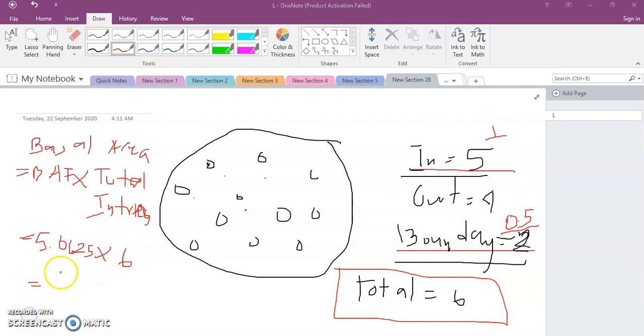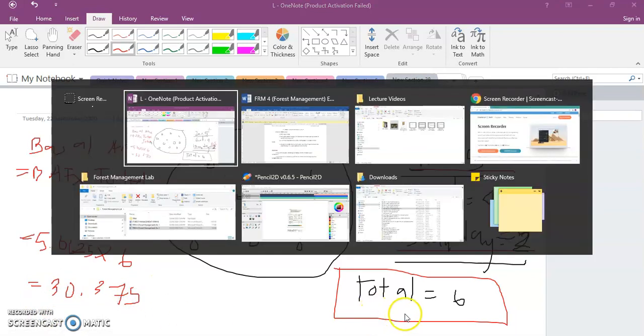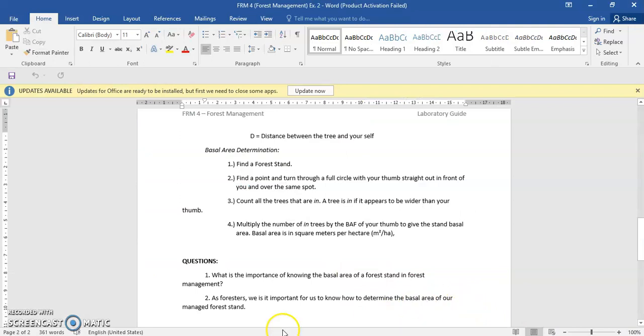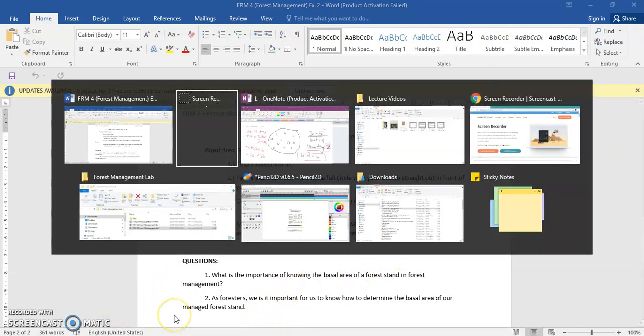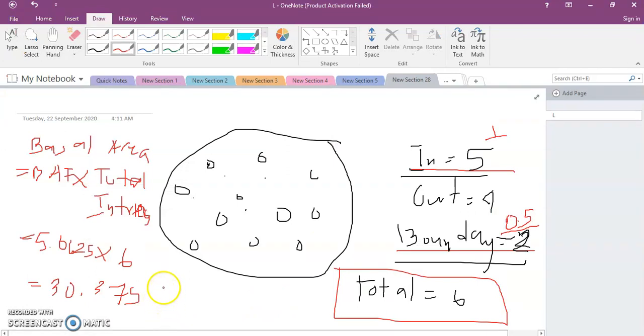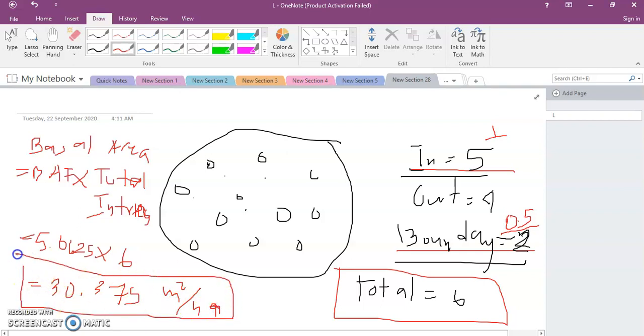So we have a basal area of 30.375. Our unit is square meter per hectare. Now you know the basal area of a certain forest stand.